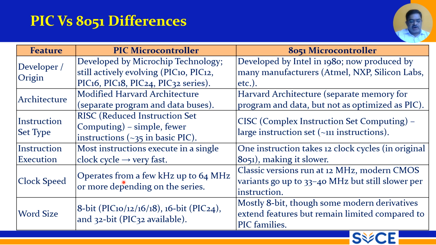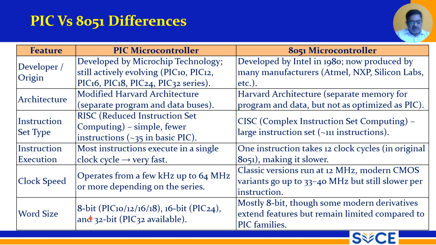Clock speed operates from a few kilohertz up to 64 megahertz or more depending on the series. Whereas in 8051, classic versions run at 12 megahertz, modern CMOS variants go up to 33 to 40 megahertz, but still slower per instruction. So that is the drawback again here.